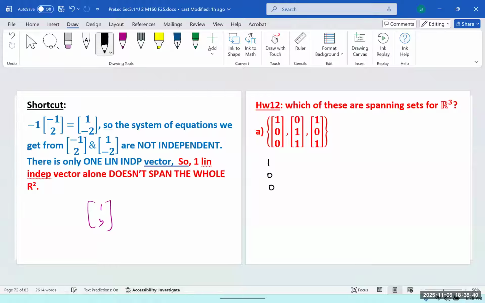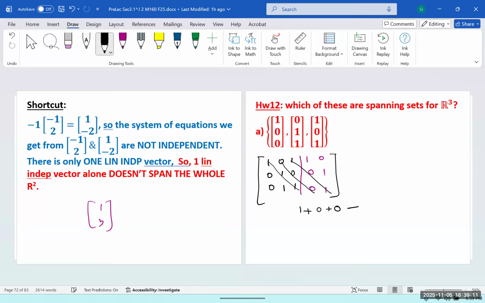1, 0, 0, 0, 1, 1, 1, 0, 1. My favorite method of finding a 3 by 3 determinant is to rewrite the first two columns. So 1, 0, 0, 0, 1, 1. The first right diagonal gives us 1, plus the second right diagonal is 0, plus the third right diagonal is 0.